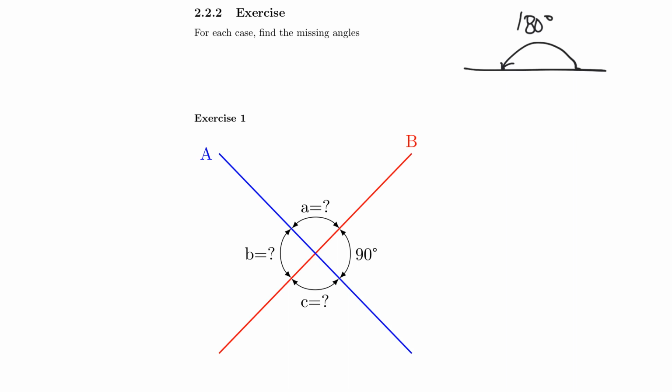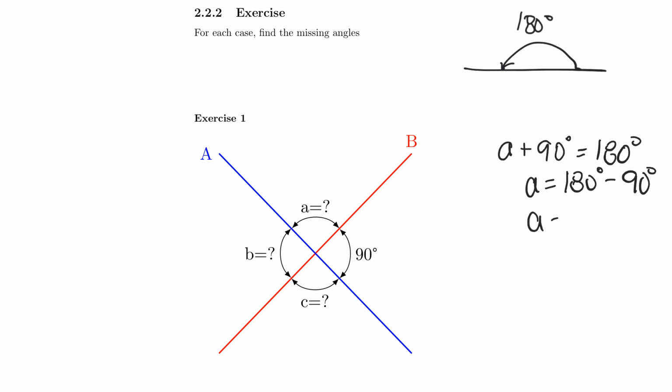So if we know that angle A plus 90 degrees is equal to 180 degrees, we can calculate what A is, will be 180 degrees minus 90 degrees, being A 90 degrees. So A will be 90 degrees.